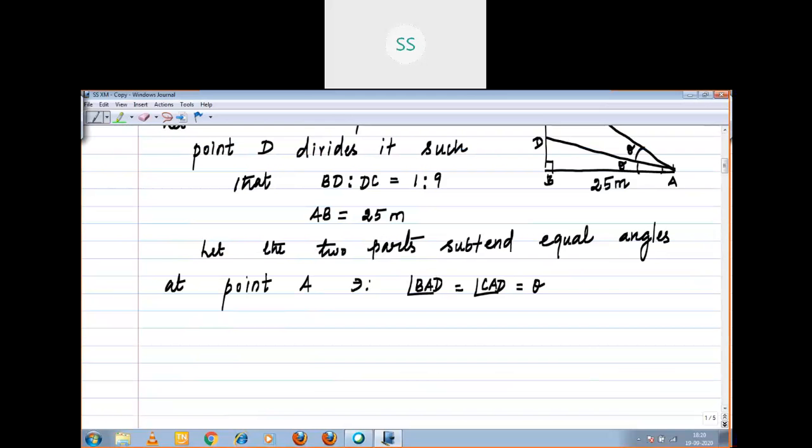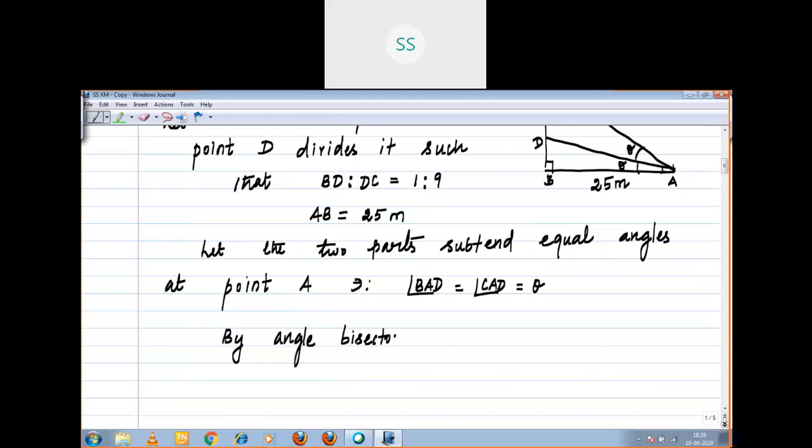Angle BAD and CAD equal to theta. Got it, children? Because they said it's equal angle. That's why I mentioned the angle in terms of theta.